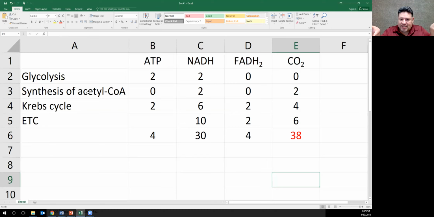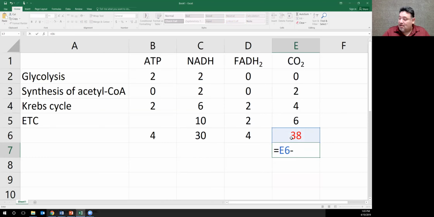How much effort does it take? Enough effort that each pyruvate needs 1 ATP of energy to get the little guy in there. And since there's 2 pyruvates per sugar, we don't use 1, but 2 ATPs. So here we subtract 2 from 38, and that's how much you and I get from every sugar, 36 ATP.